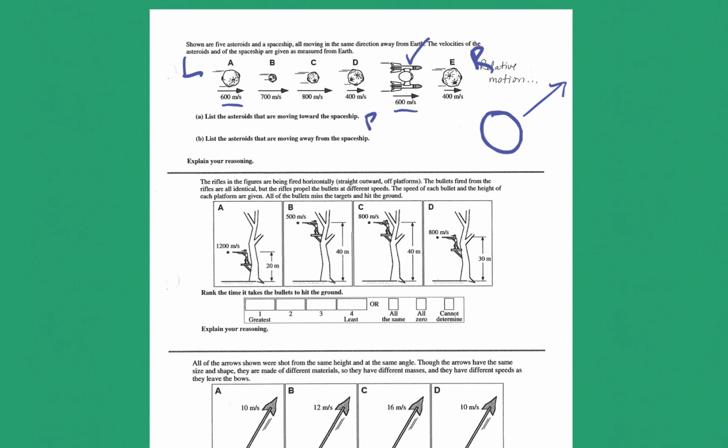B would get closer and closer because it has a greater velocity. C would also be moving closer and closer. D, on the other hand, would be moving farther away because essentially it's not keeping up with the spacecraft. It has a lower relative velocity.